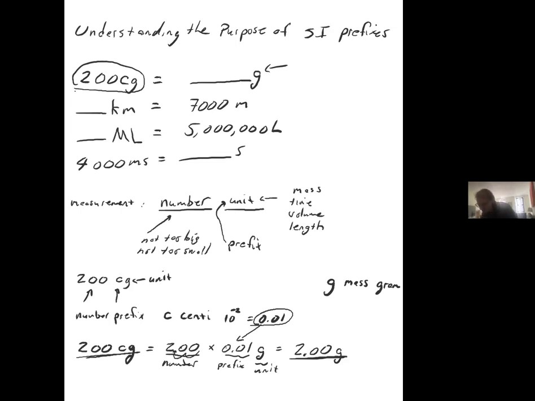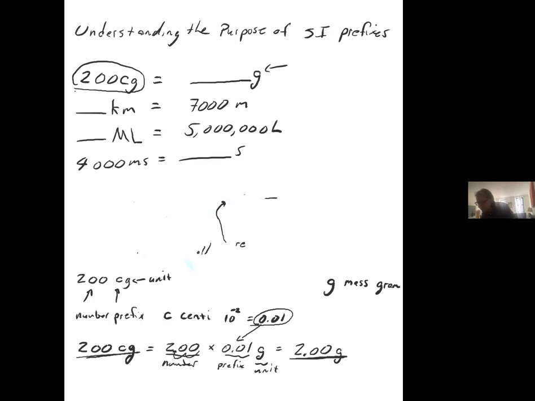Let me just erase this. In the second one, they want you to go in reverse. They give you the number, but they don't give you the prefix. They want you to find the prefix. So how many kilometers is equal to 7,000 meters?